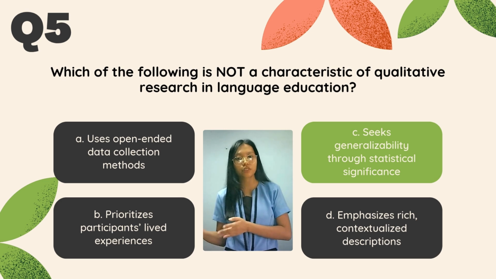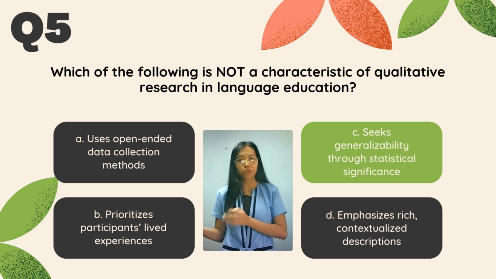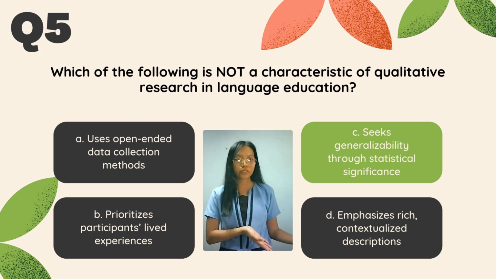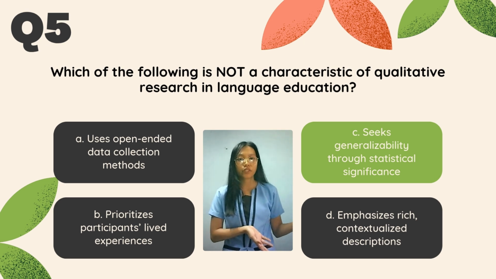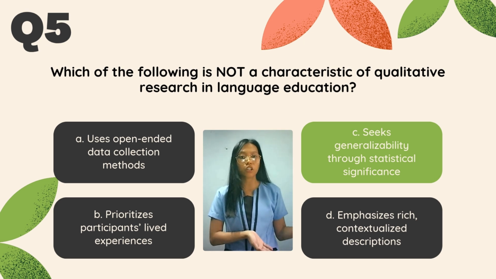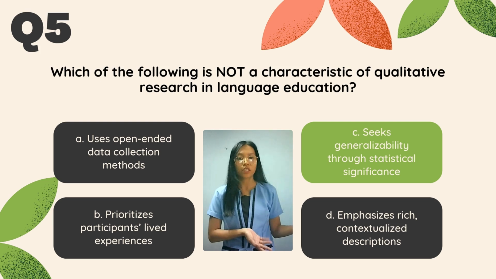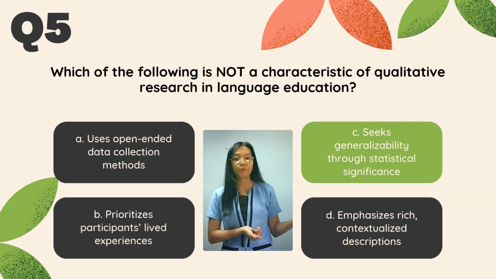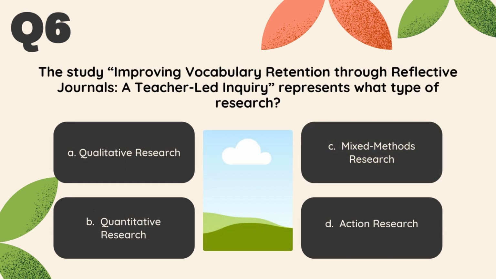B also fits qualitative research, as it is central to the inquiry, which explores how people make sense of their experiences. And lastly, letter D also fits qualitative research because this is a hallmark of qualitative research, which describes and helps readers understand the setting and participants' perspectives.